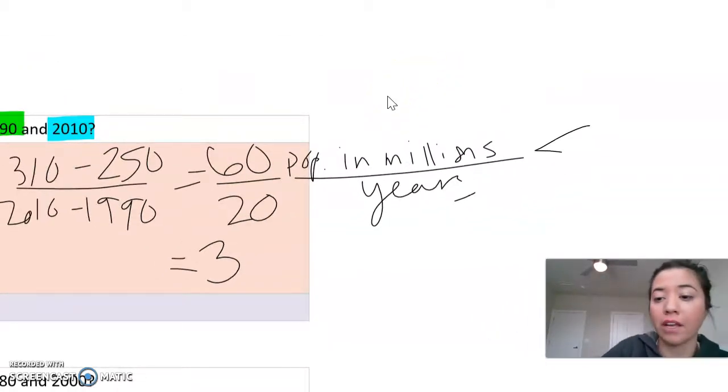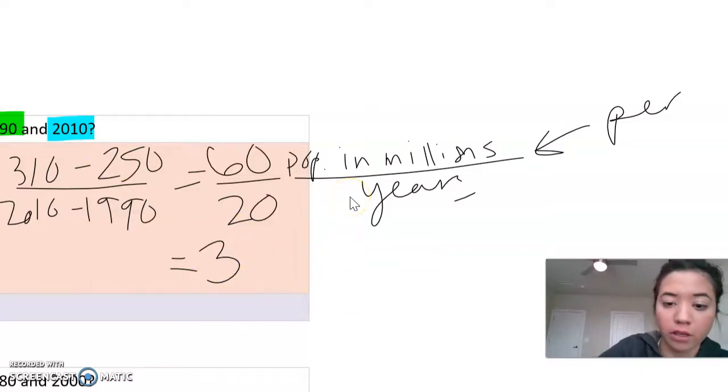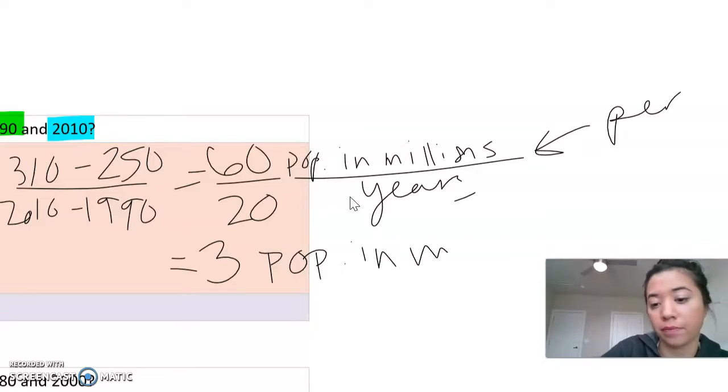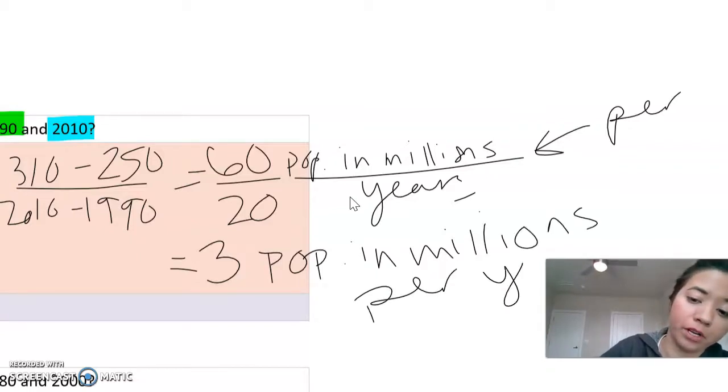So this little line here we can say as the word per. So we have 3 population in millions per year.